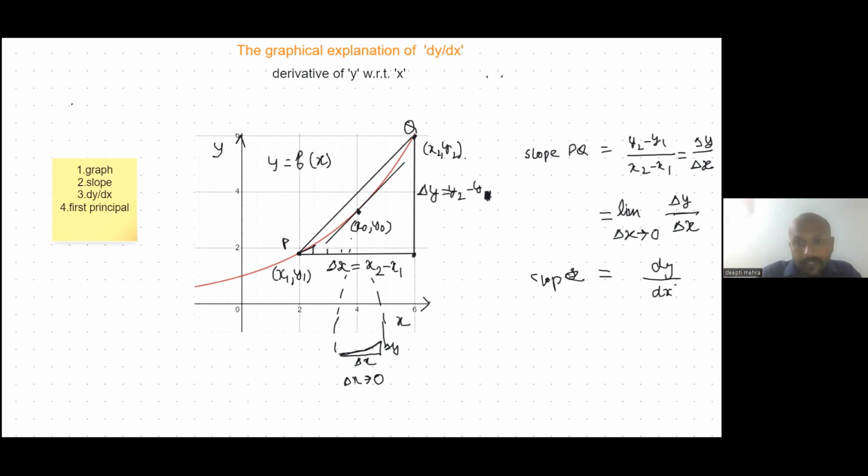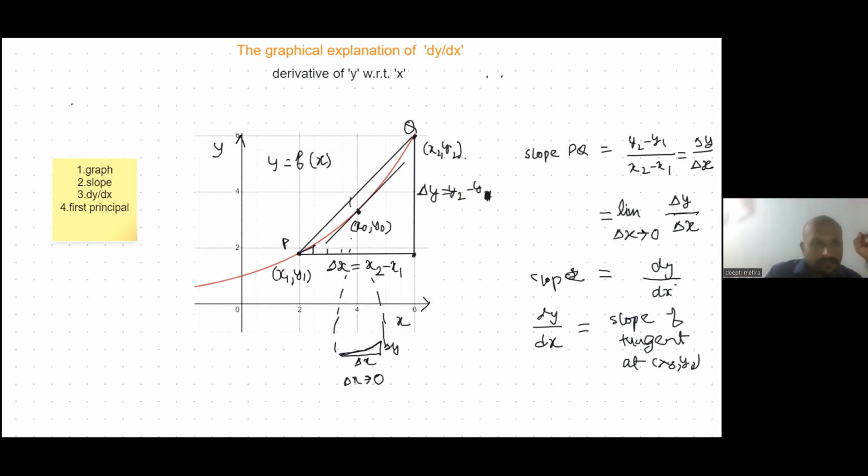So basically dy by dx is the slope of the tangent at the point (x naught, y naught). It tells us the differential change in the function at a given point.